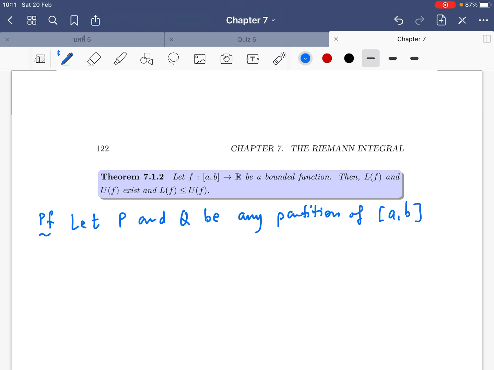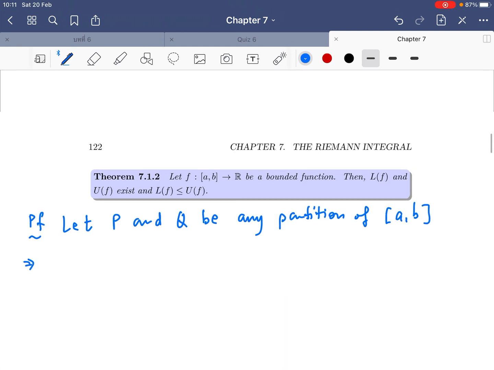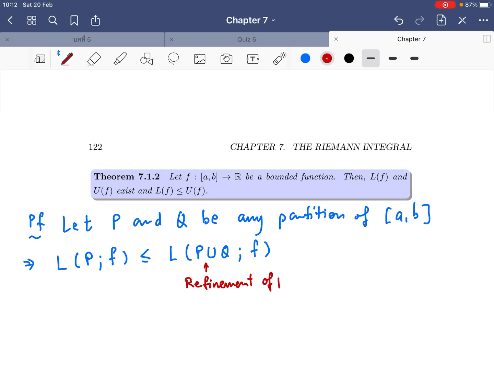Then all you know is that the lower sum of P will be less than or equal to the lower sum of P union Q, because this one is a refinement of P. So this inequality came from that previous lemma.